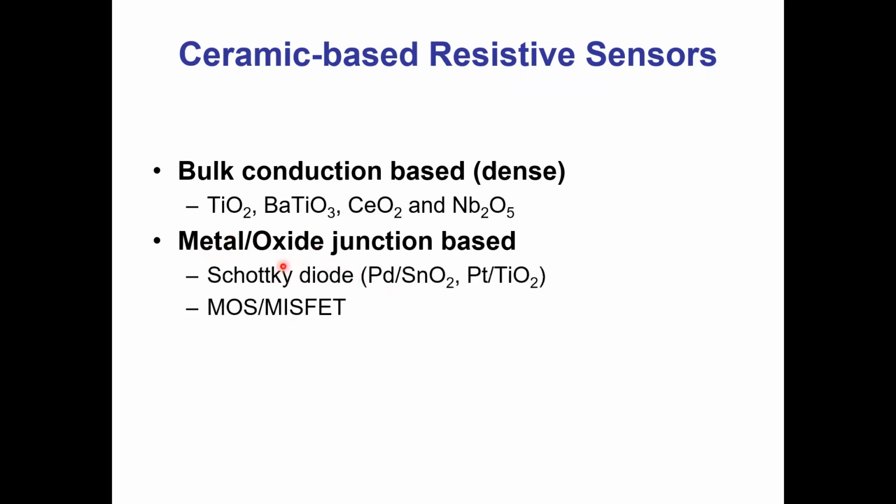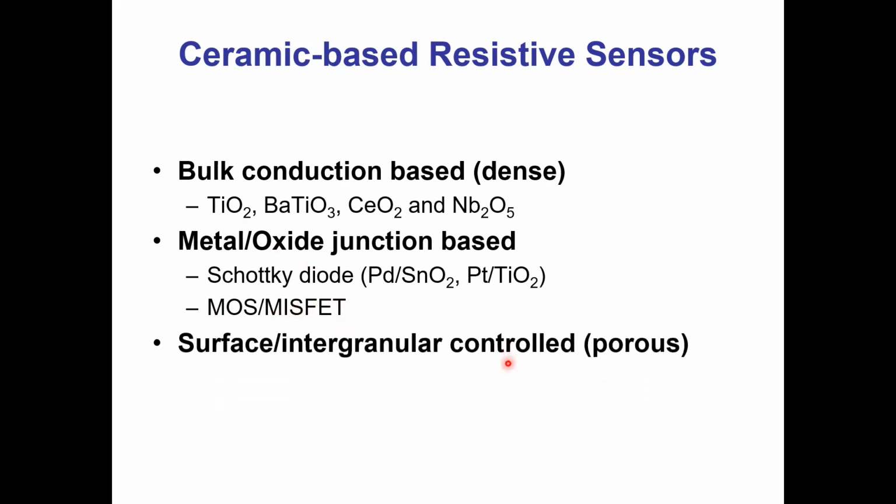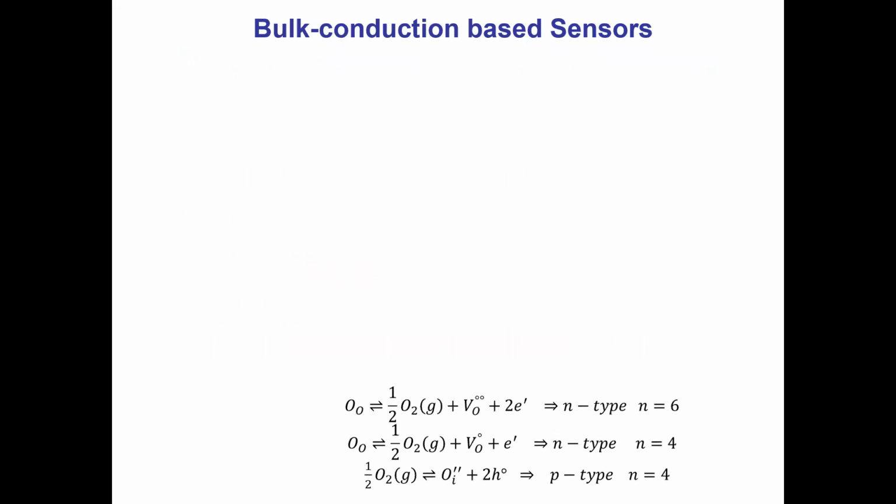Examples are the Schottky diode type, or the metal oxide semiconductor, or the metal insulator semiconductor on a field effect transistor platform type. And the last group, that I will spend most of my time on, is the surface or intergranular controlled, which as opposed to the bulk type, which is dense, is going to be porous type materials.